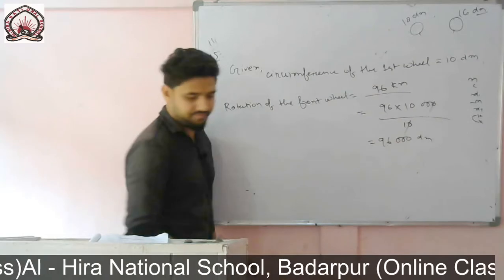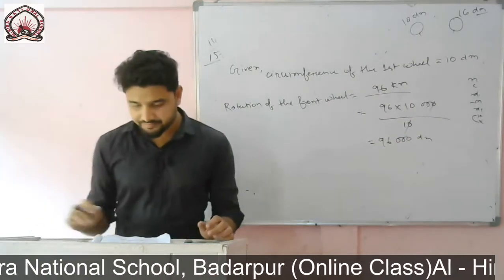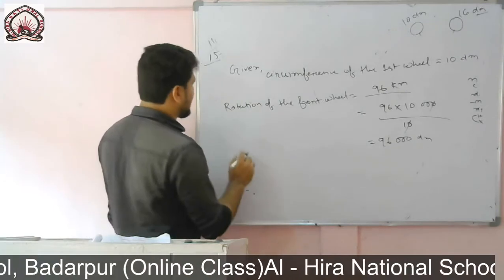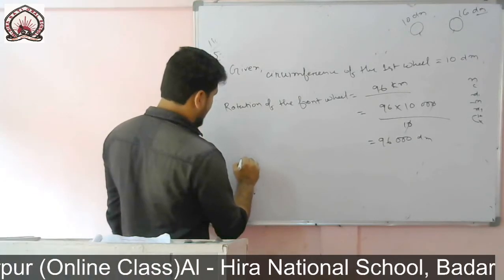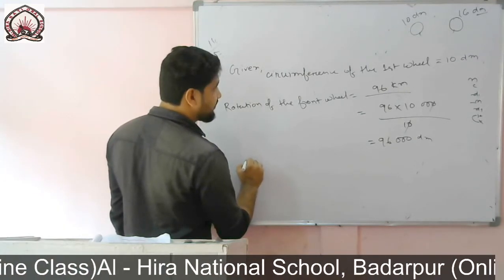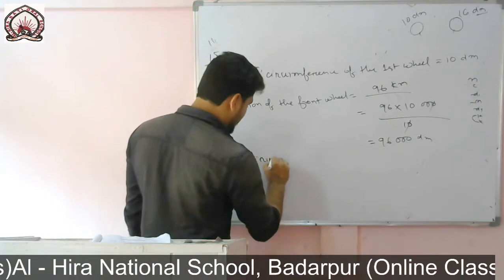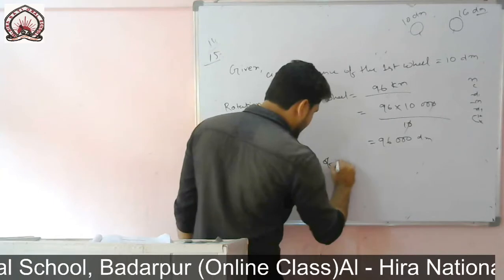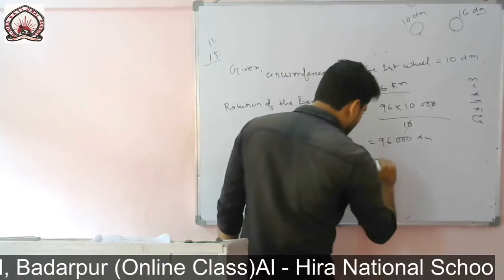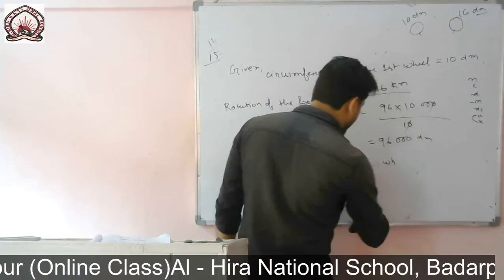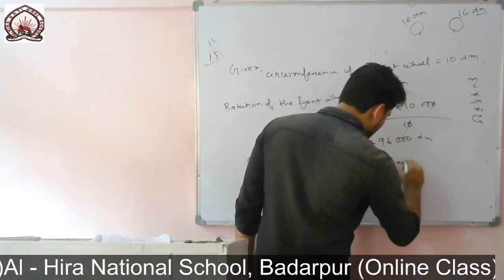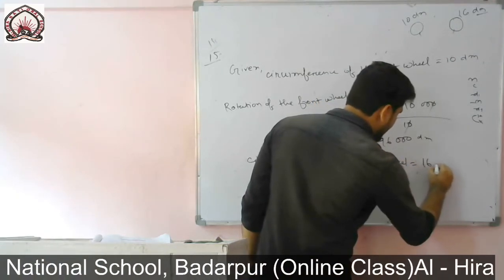Now you see, for the second wheel we will find, okay, right. The circumference of the second or hind wheel, you can write, equals 16 dm.